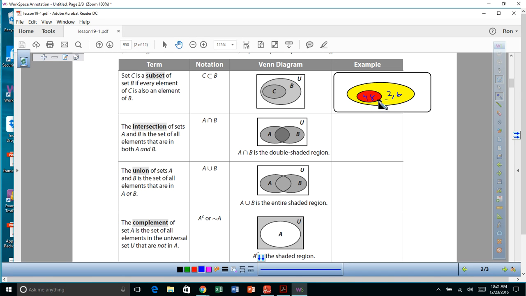Now, what was in the universal set? 1, 2, which we already got, 3, 4, which we already got, 5, 6, which we already got, 7, 8, which we already got, and 9. Okay, so that covers all the numbers. This C is also a part of B, so that's why they're both highlighted.